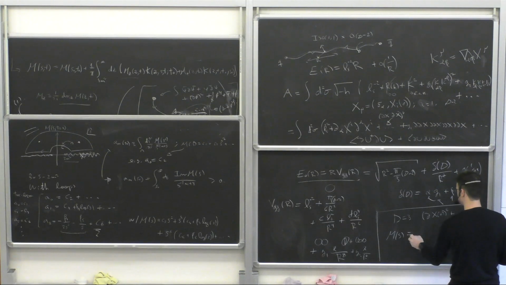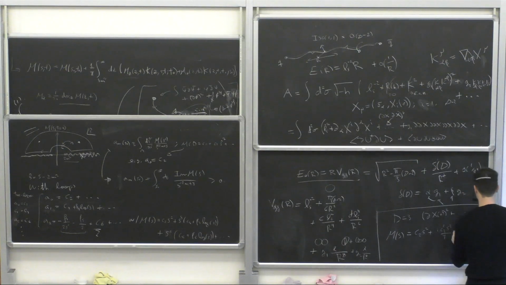And the amplitude looks like so. There is a C2 S square plus some loop correction, C2 square times S cube over 4, plus 2 gamma 3 minus C2 cube over 24 S to the 4 plus dot, dot, dot.